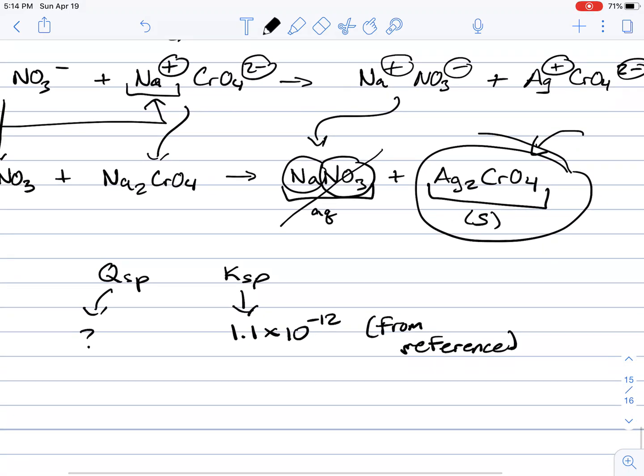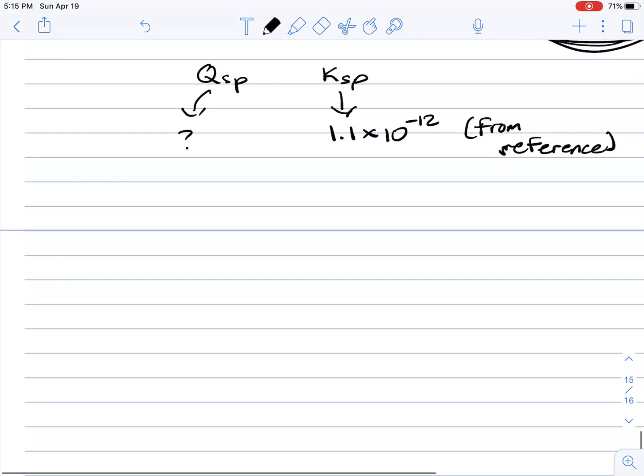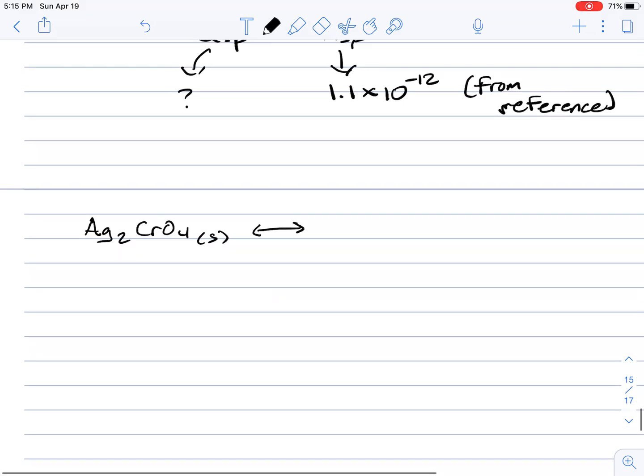And now that we've determined that our substance is silver chromate, we're going to write a mass action expression to reflect that of silver chromate. So we're going to take our silver chromate and write an equation to represent the production of its ions.